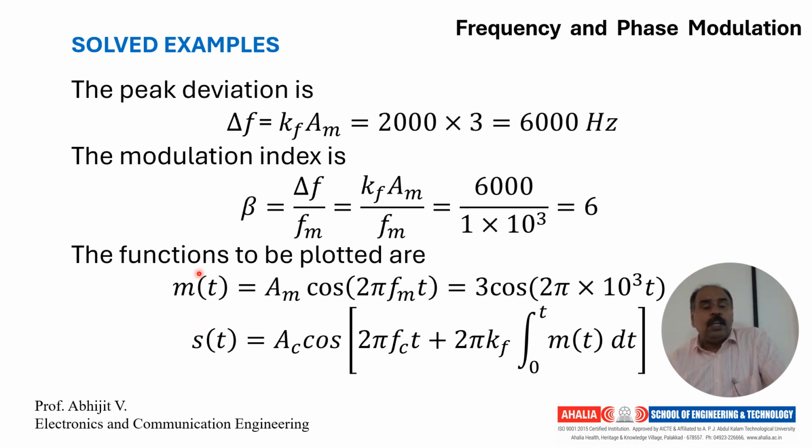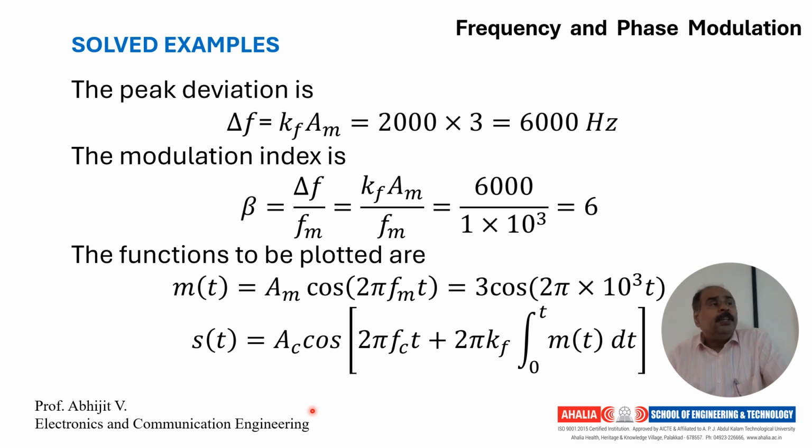Similarly, the output modulated signal s of t is given by Ac cos 2 pi Fc t plus 2 pi Kf integral 0 to t m of t dt.